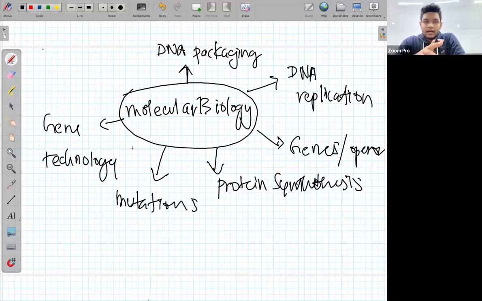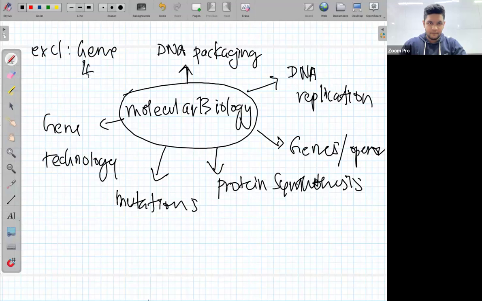Now, except for gene technology, all other topics are small content. So this complete lesson, excluding gene technology, carries almost 60% of the lesson.